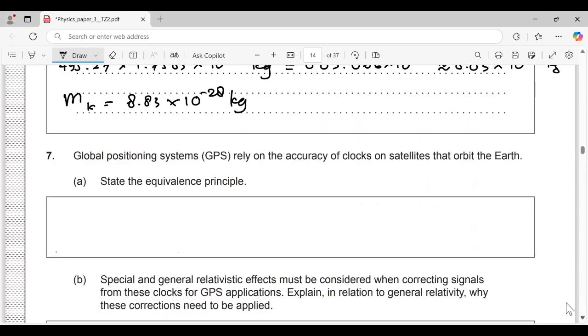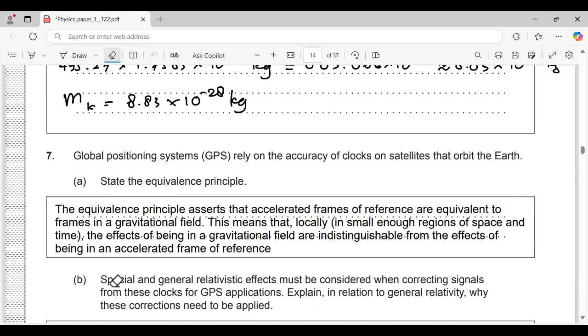Number 7: Global positioning system GPS relies on the accuracy of clocks on satellites that orbit the Earth. State the equivalence principle. I have provided my brief explanation; you may copy or you may add something from your opinion.